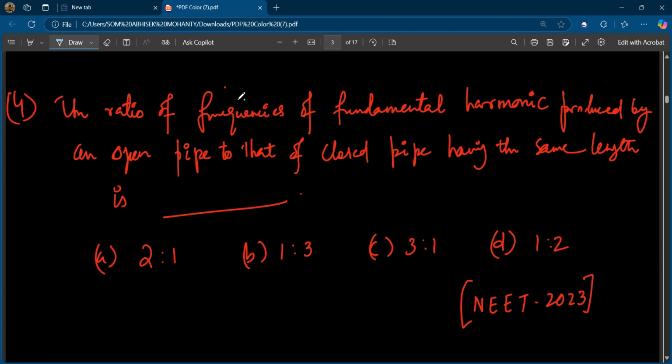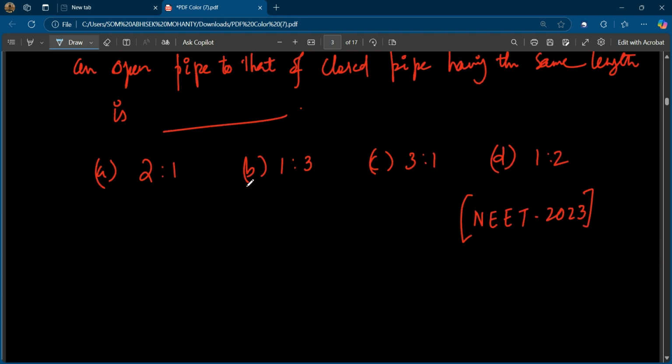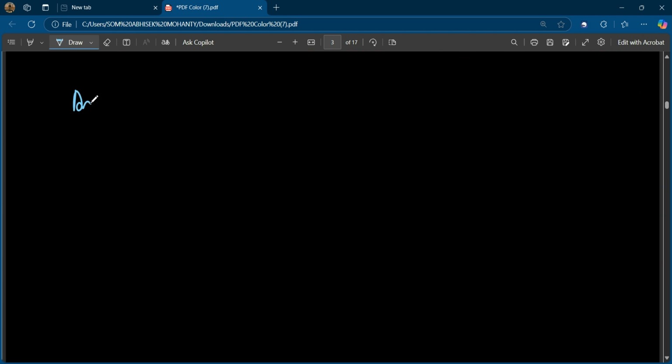For that you need to know the concept or remember the formulas. See, I will do it. I hope you have solved it.